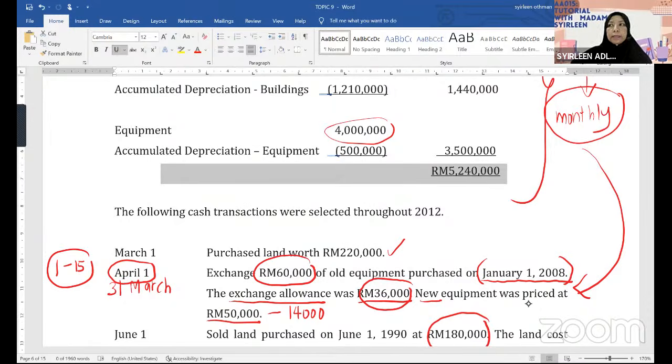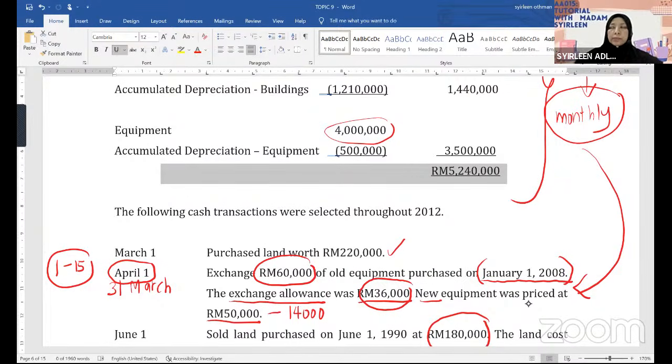That means I akan kira depreciation for January, February and March untuk tahun 2012. Okay, perlu tak kira 2008, 2009, 2010, 2011? Perlulah. Tapi saya tak perlu catat sebab kita faham every year account tu dah dibuat adjustment dan dah ditutup. So kita boleh just kira accumulated depreciation through calculations.